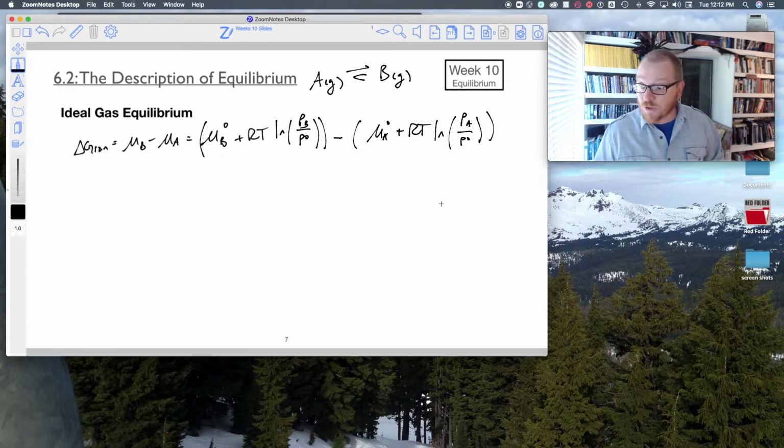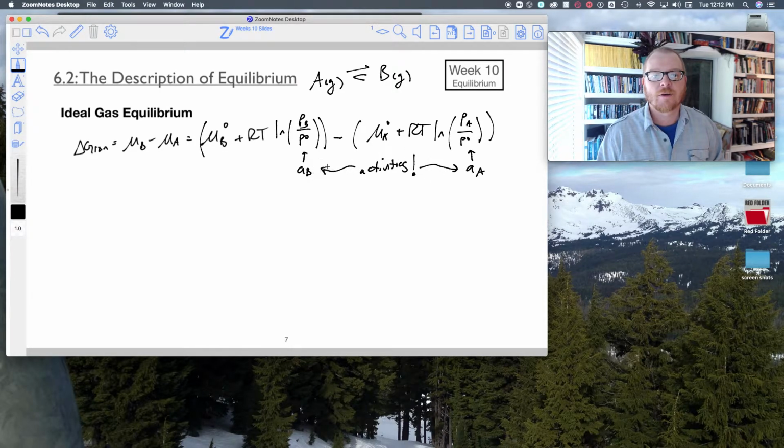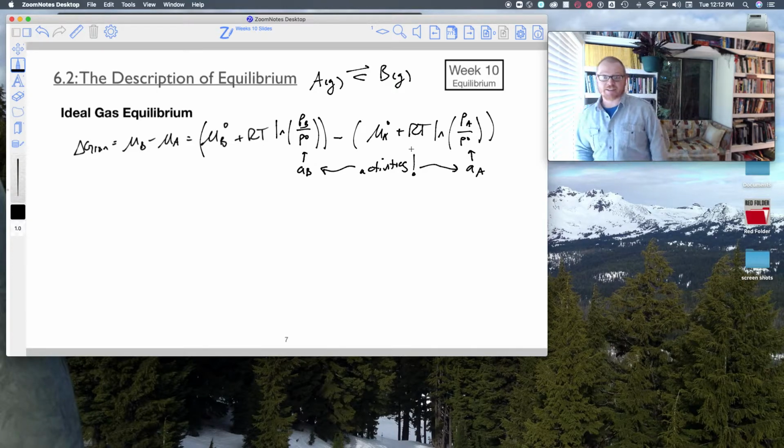And what I want you to recognize based on this last lecture now, we can see this quantity right here, this is actually the activity of B, and this is the activity of A. Activities.